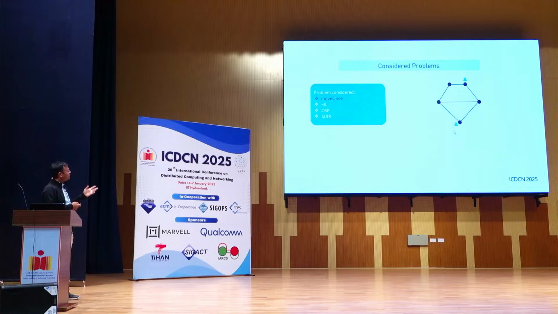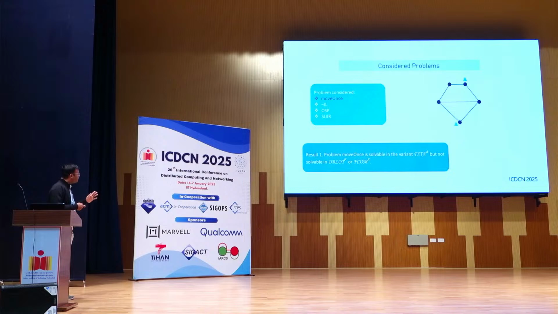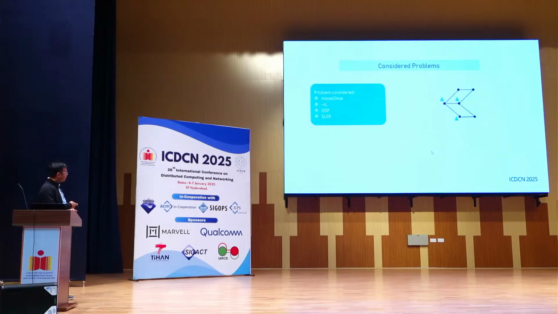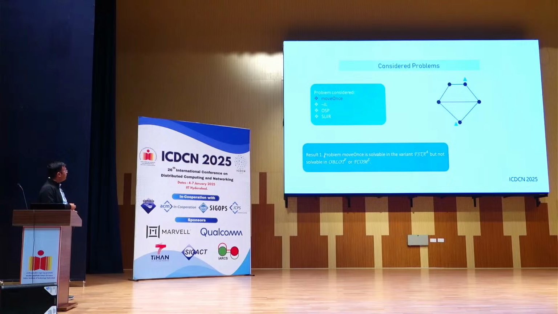Okay, so this is a very simple problem. But this is well designed so that this problem can only be solved if the robots have finite memory, that is FSTA. The scheduler can be as general as asynchronous, but it cannot be solved in fully synchronous Oblot. So the scheduler doesn't help if there is memory, and if you add communication also, it's semi-synchronous. It cannot be solved. There are 3 more problems.